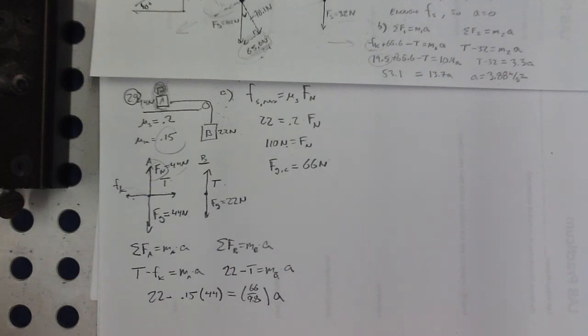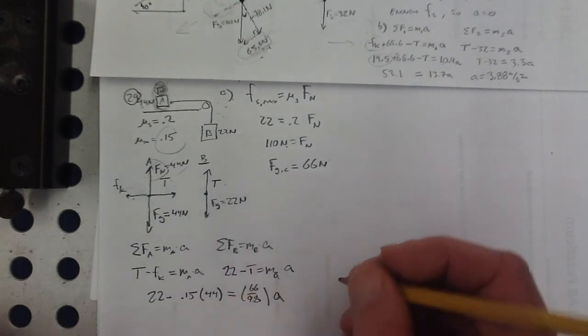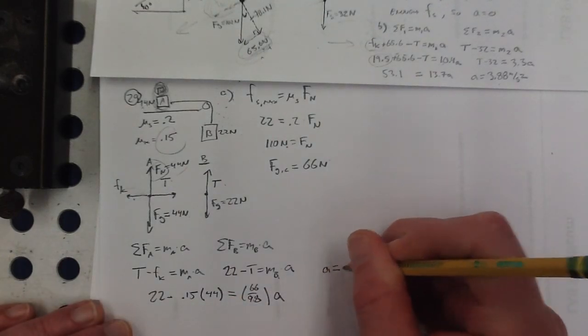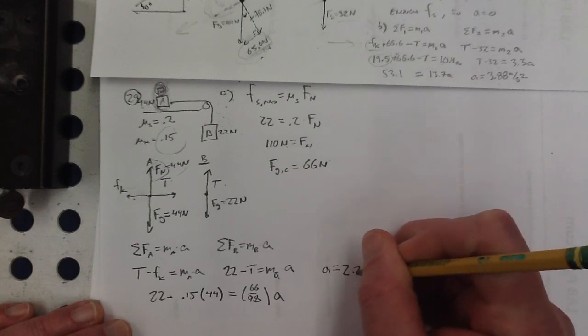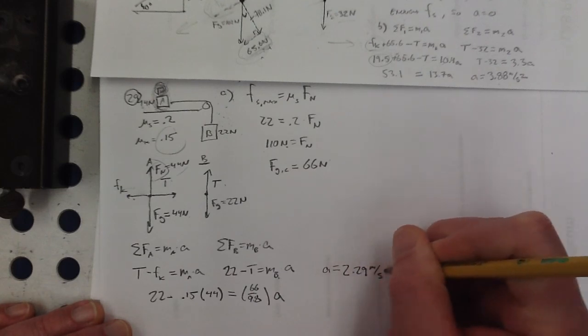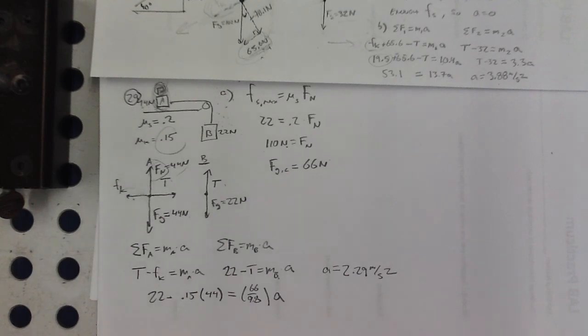Let's push some buttons on the calculator. Let's see what we get. That's what I got. Let's see what the answer is in the book. Oh, it's that. They called it 2.3. All right.